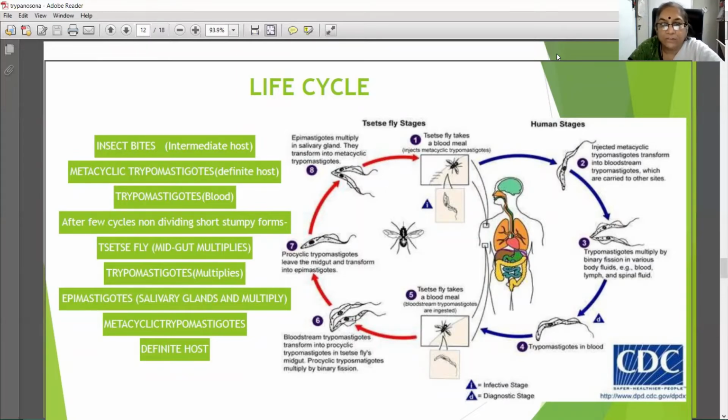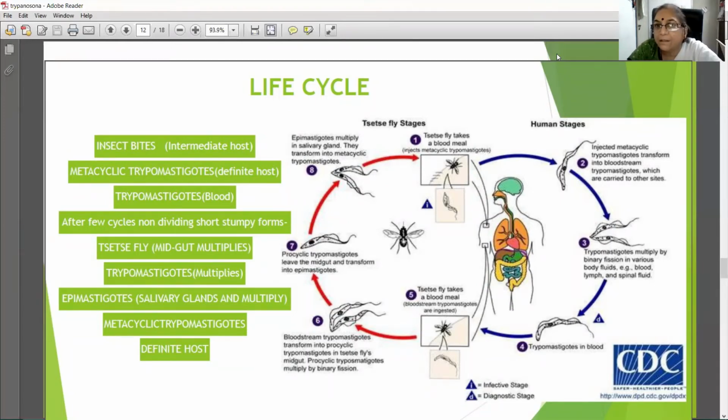In one host, when the tsetse fly bites the human beings, the metacyclic trypomastigotes get converted into trypomastigotes.